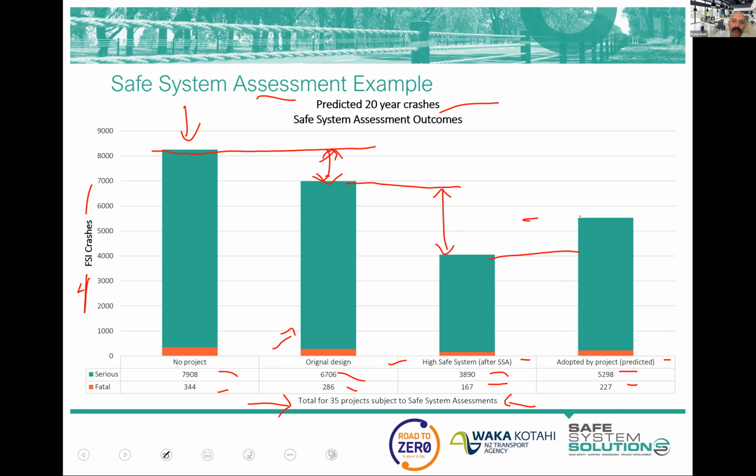This difference here is an interesting one. This is the difference between what the safe system assessors think could be done and what the designers and the project managers believe can be done. And there's a raft of factors that sit in there. It can be funding, it can be culture, it can be political support, community sentiment.